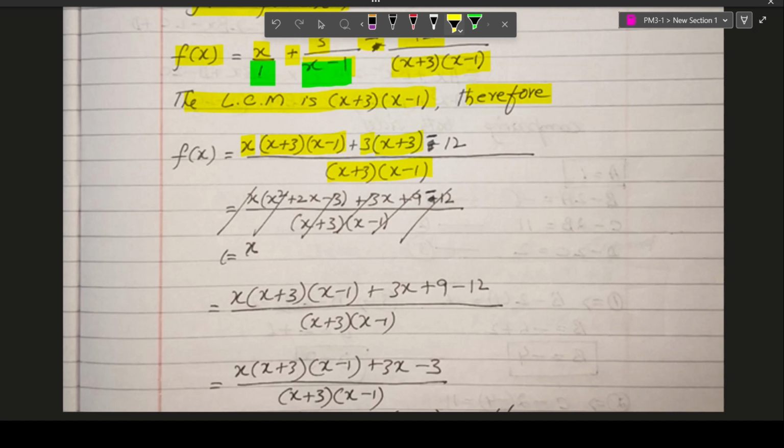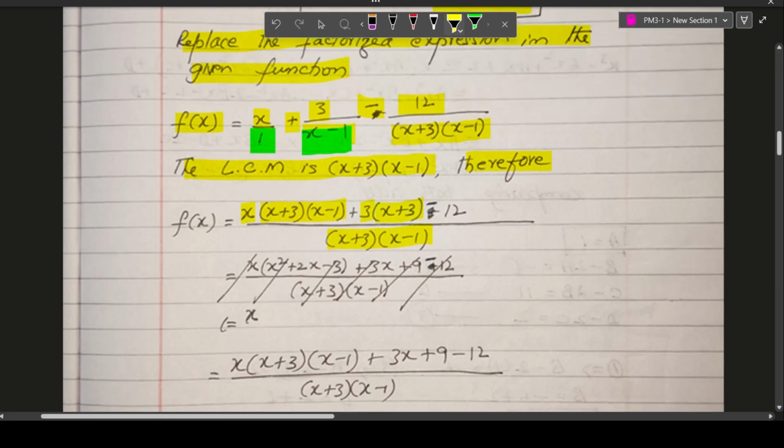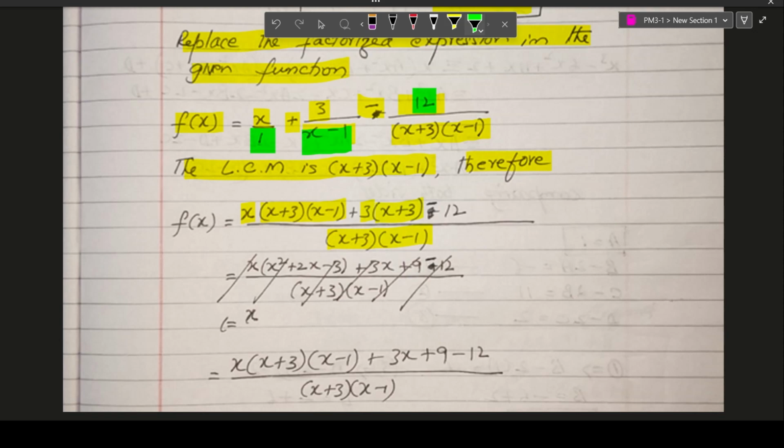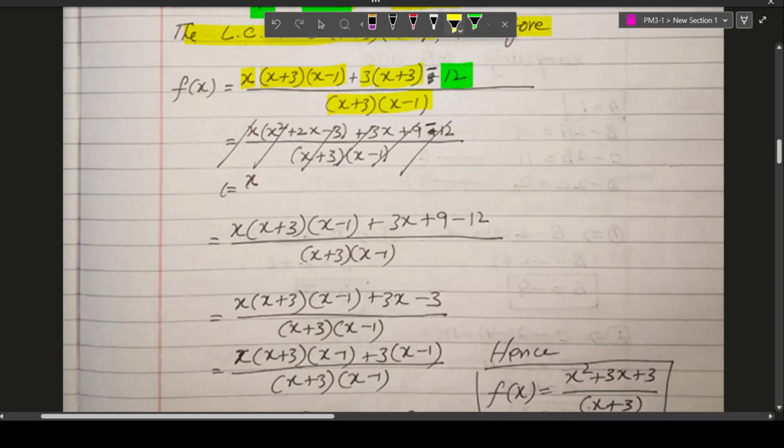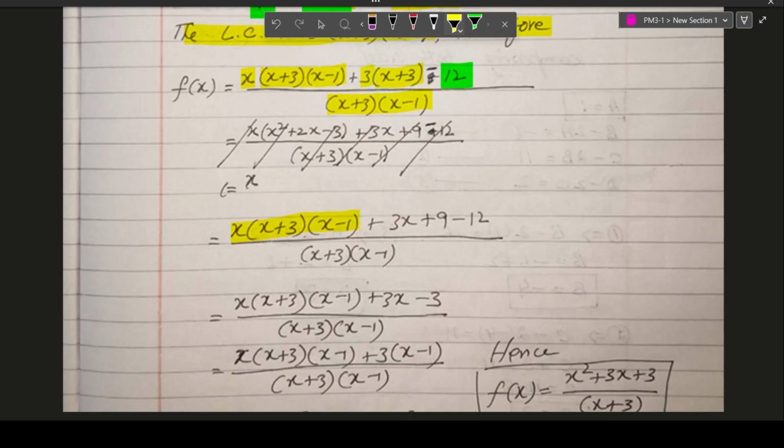Now the third fraction has the same denominator as the LCM, so this 12 will be just written as 12. The second step will be x(x + 3)(x - 1) + 3(x + 3) - 12. The 3(x + 3) is expanded: 3x + 9.